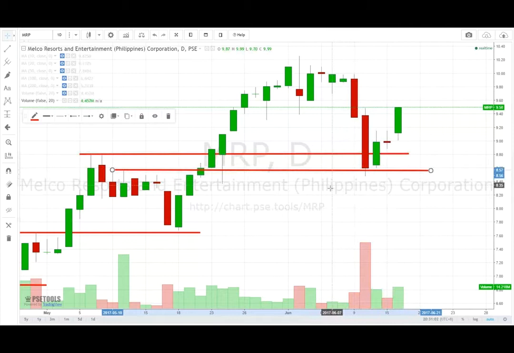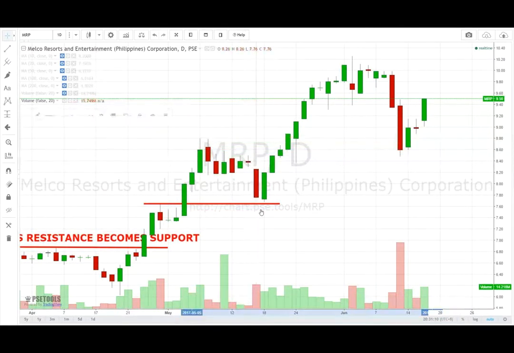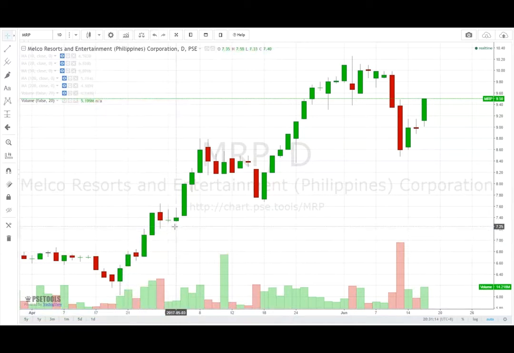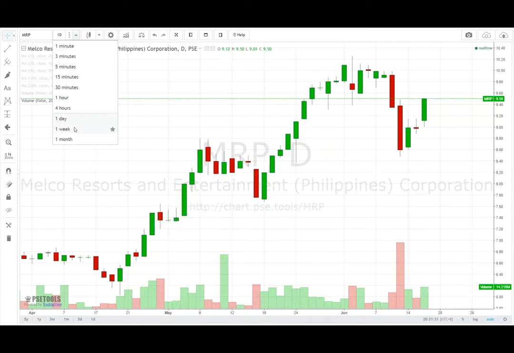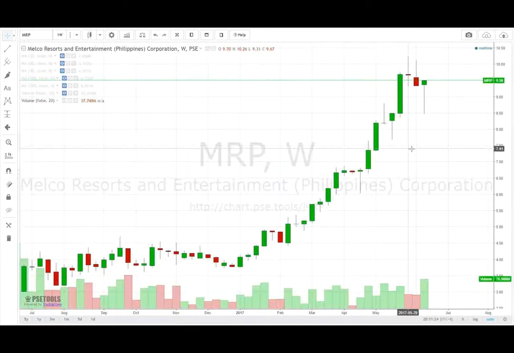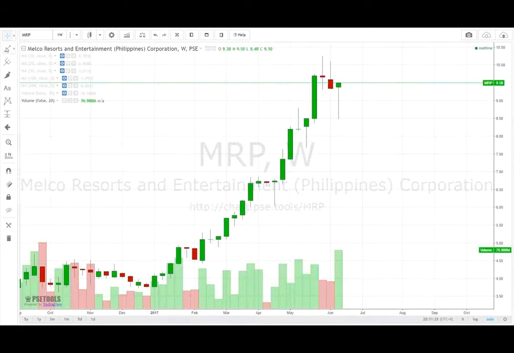The problem is, if it's just like that, you just find 2 or 3 points and draw a horizontal support or resistance line. There are so many, right? Every 10 centavos, every 5 centavos, every 20 centavos, you have support or resistance. Well, that's what I said earlier. We look at higher time frames to determine strong support and strong resistance.